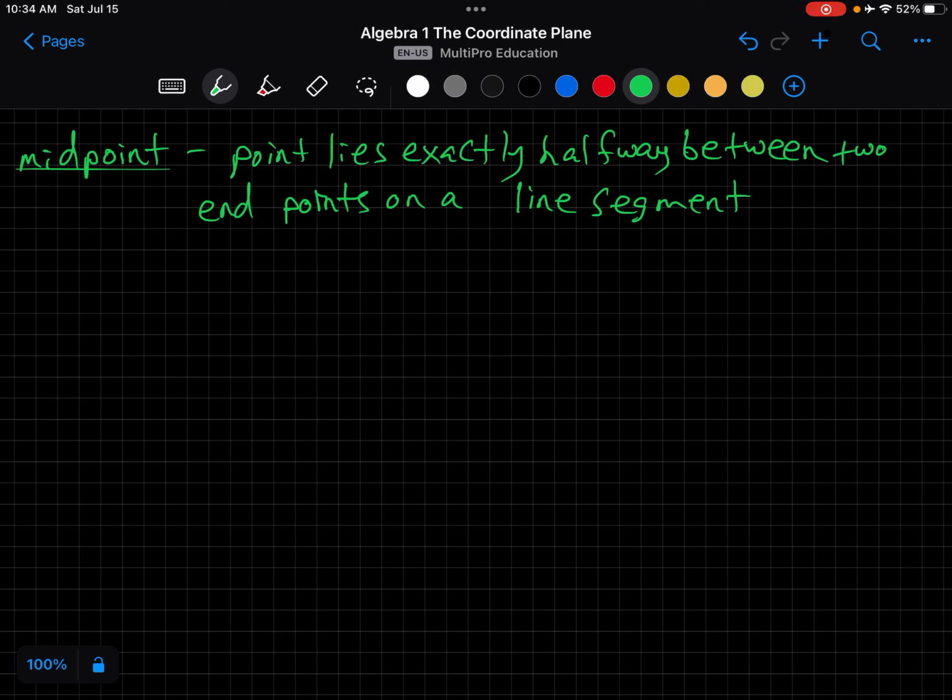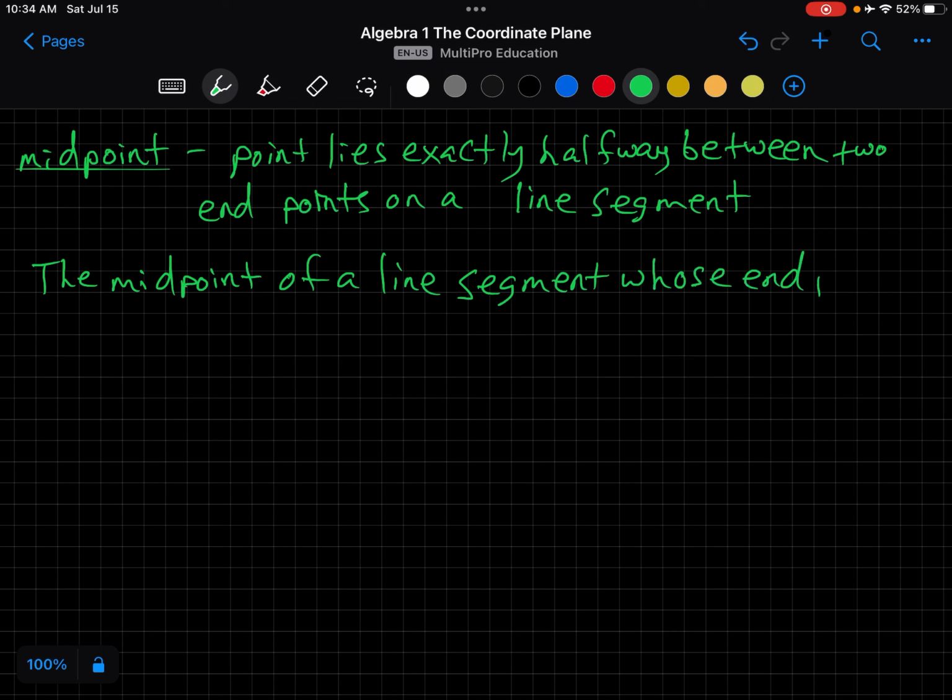So let's look at this a little farther. So the midpoint of a line segment whose endpoints are at, instead of x and y, we're just going to say A and B. We can use any letter we want. We feel comfortable with letters now.